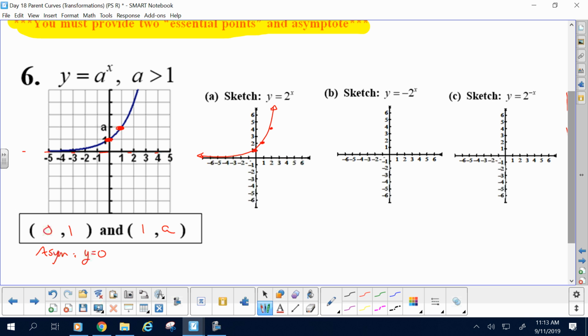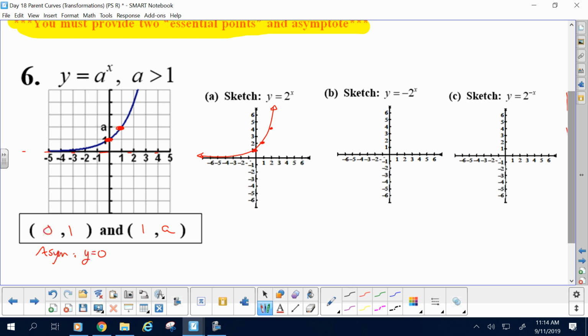All right, so B then. Let's talk about taking that base graph and changing it. What does a negative outside the function do? That changes the function, which is to say it changes y. So will that cause it to flex side to side or up and down? What kind of y's will you get? Positive or negative? You're going to get negative. Negative y's are down here.